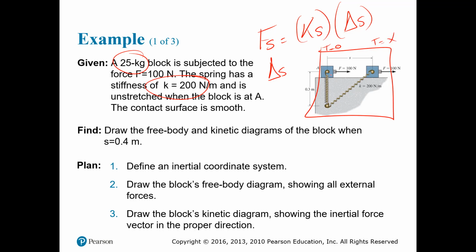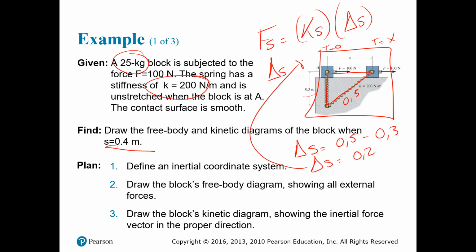What you need to realize here is that you have a little triangle. This triangle has one side equal to 0.3, the second side is 0.4 because that's what they're asking you, therefore this side will be 0.5. And to know exactly how much it elongated, delta s is equal to 0.5, which is the final, minus 0.3. So delta s is equal to 0.2, and you need that to calculate the force due to the spring.